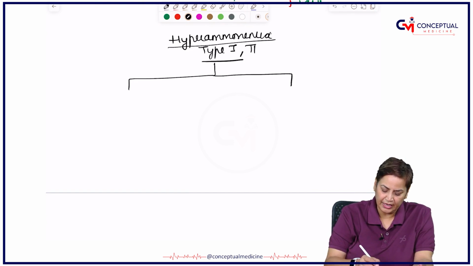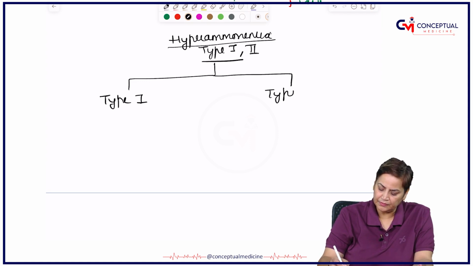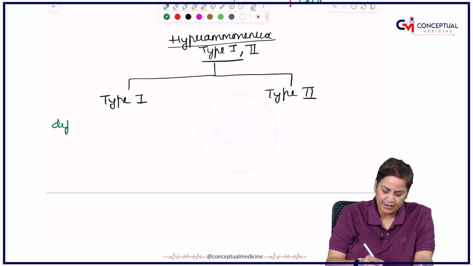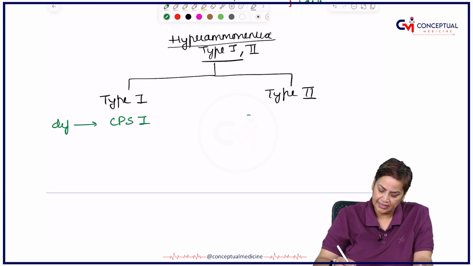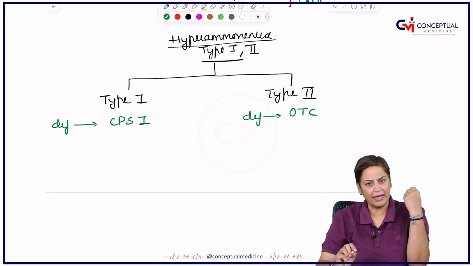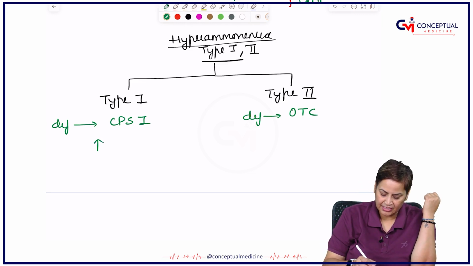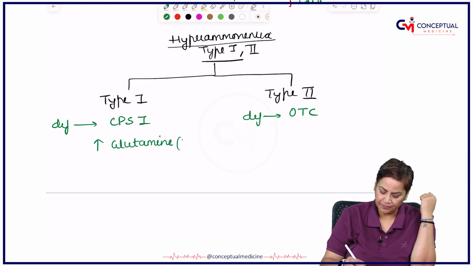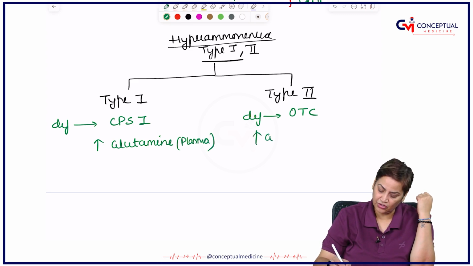So in type 1 and type 2, first of all, if we talk about the deficient enzyme, in type 1 it is CPS1 and in type 2 the deficient enzyme is OTC, ornithine transcarbamylase. And if we talk about the biochemical manifestations, here there is increased concentration of plasma glutamine, and here also there is increased plasma glutamine.